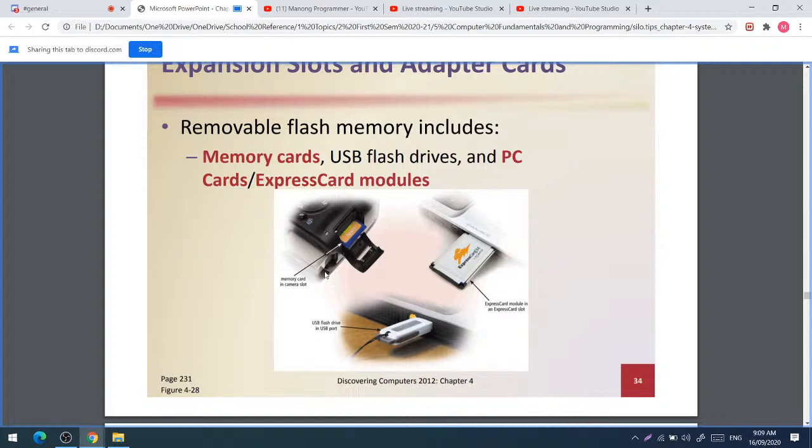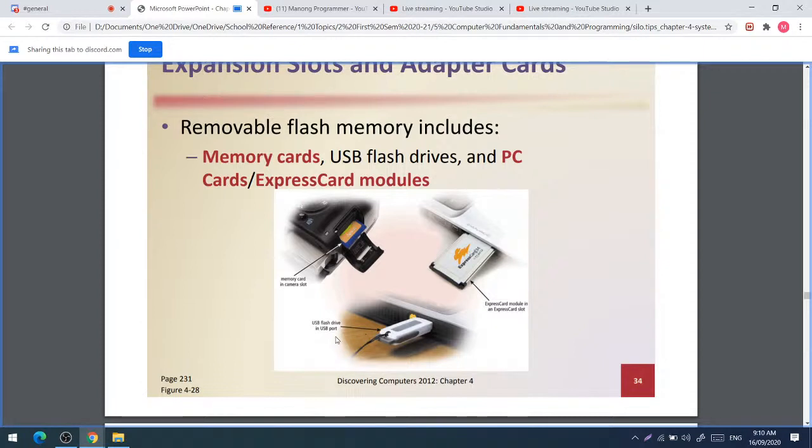Napapansin nyo dun sa computer natin, sa mga may laptop dyan, di ba meron yung pinaglalagyan ng memory card sa gilid. Tignan nyo kung wala sa right side or sa left side na sa likod yan ng laptop ninyo. So, yan yung pinaglalagyan natin ng mga memory cards and flash drive.